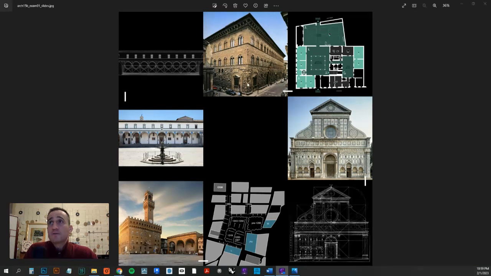Michelangelo did these windows here on the corner, and they're considered the kneeling windows, in part because of the corbels or the brackets that are installed that look like the windows are a kneeling person. I thought that was kind of fitting because we're studying humanism and the humanist beginnings of the Renaissance.